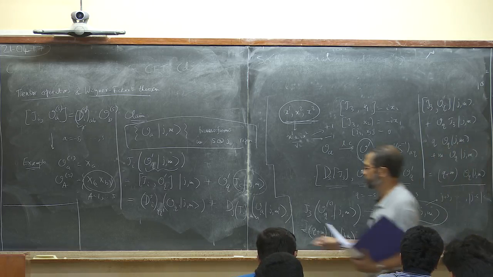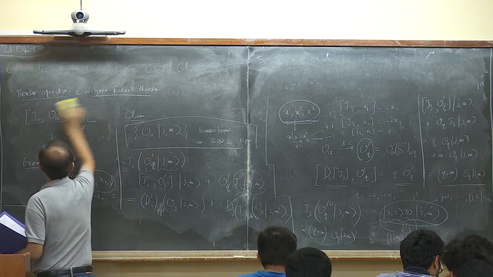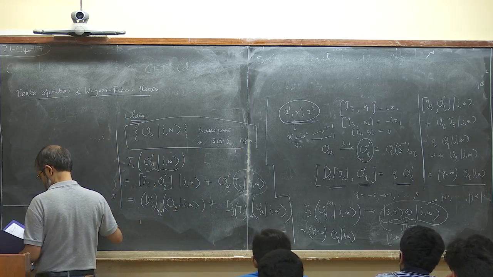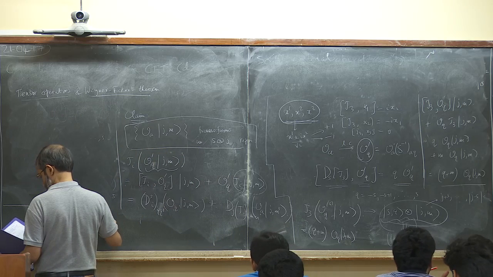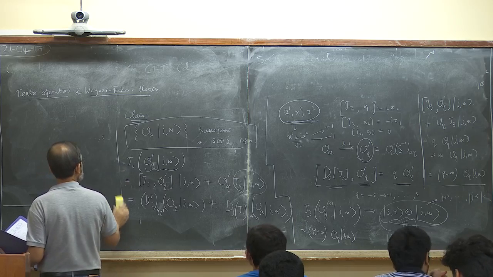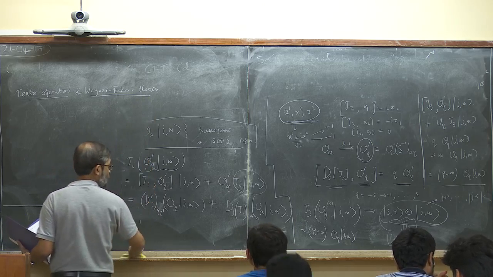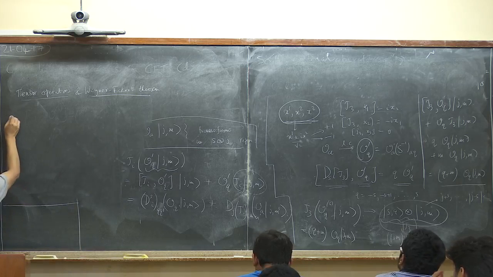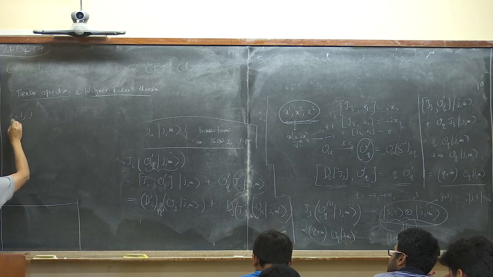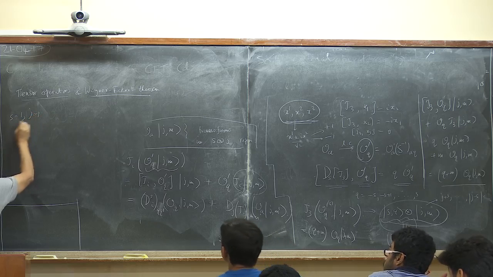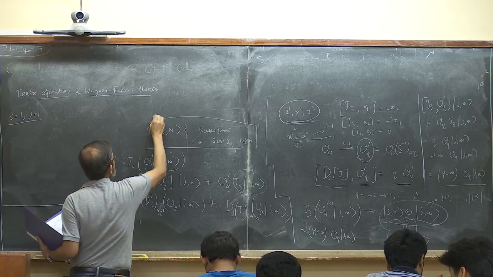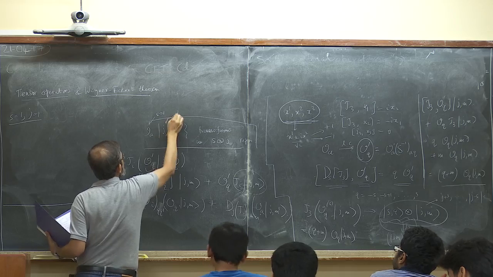So therefore, I can arrive at the following. Let us say I am taking the example of the operator with spin S equal to 1 and the spin of the state J equal to 1.